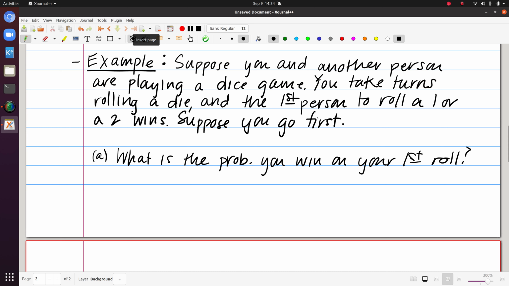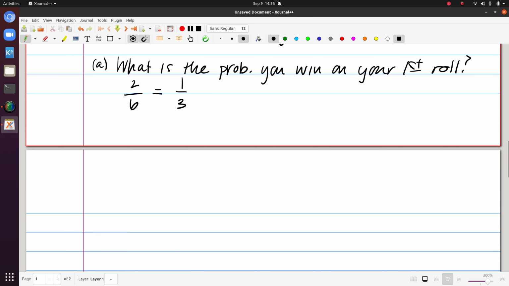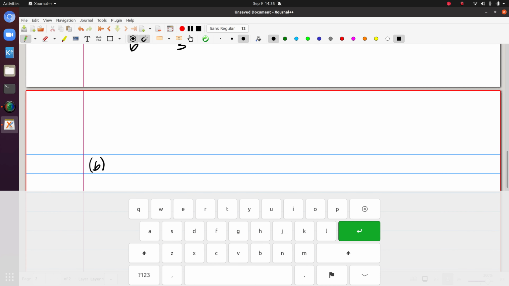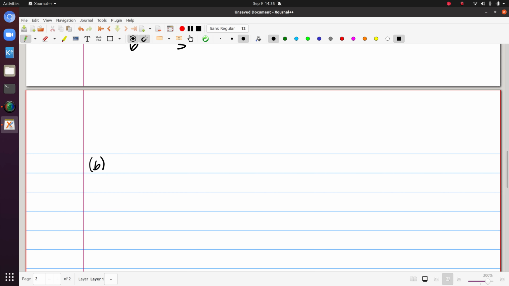All we have to consider is just what's the probability that when you roll a die, you see a 1 or a 2. So this probability would be 2 out of 6 or 1/3. If we say now instead that we have the question here, what is the probability you win on your second roll?